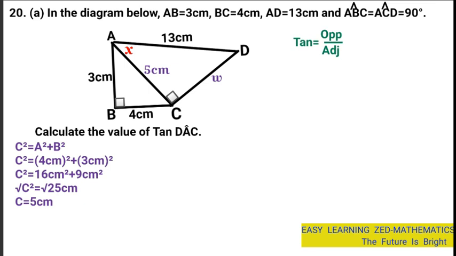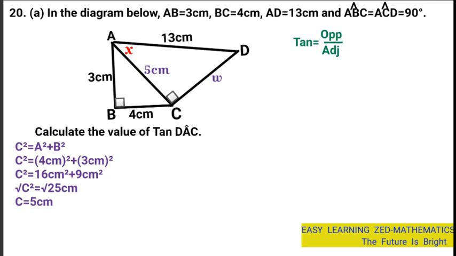As you can see, the opposite side W is also not known, so we need to find W too. To find W, we're going to use the same method, which is the Pythagoras theorem.